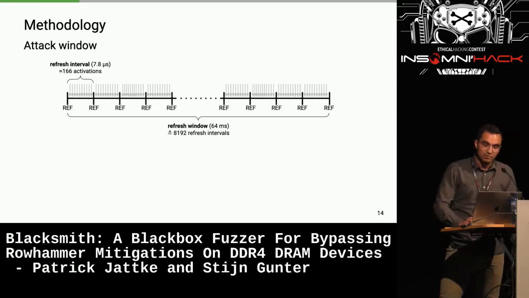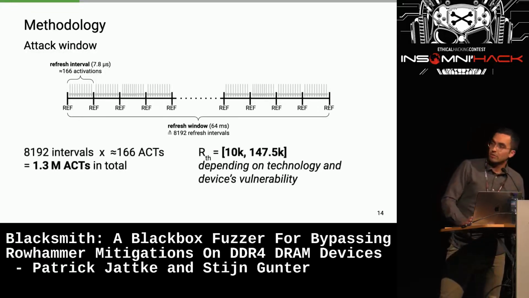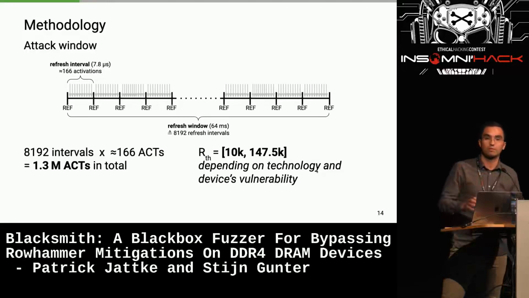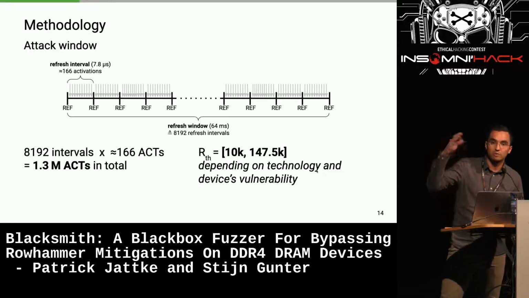From the attacker's perspective, we have basically 1.3 million activations. And depending on how vulnerable the device is, we need around 10K to 147.5K activations to a row to trigger a bit flip. That's what I showed before, that you have to repeat hammering many times so that enough of these leaking charges accumulate to trigger a bit flip.